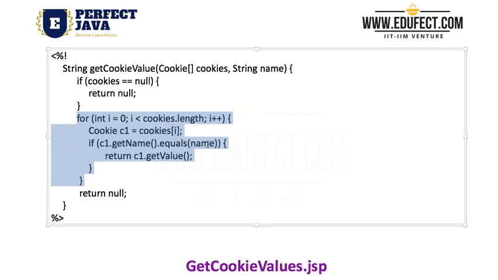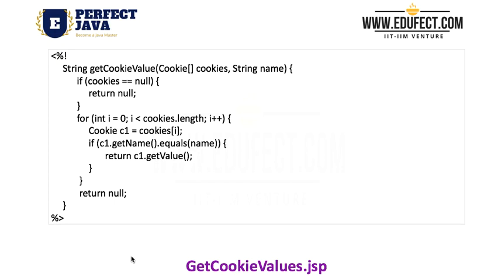If cookie.getName matches the name that we had provided in the function call, then we will return the value of the cookie. Otherwise, at the end of the loop, we are returning null. So this function will return either null if the cookie was not found, or the value of the cookie. And this is a very, very standard piece of code which we will keep on using.